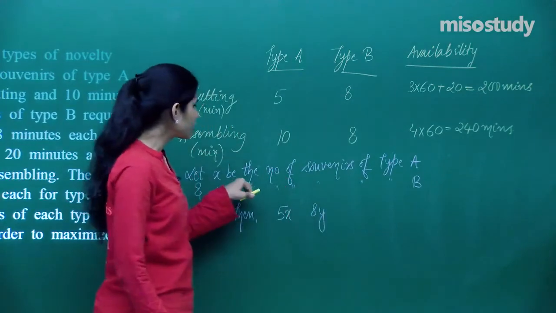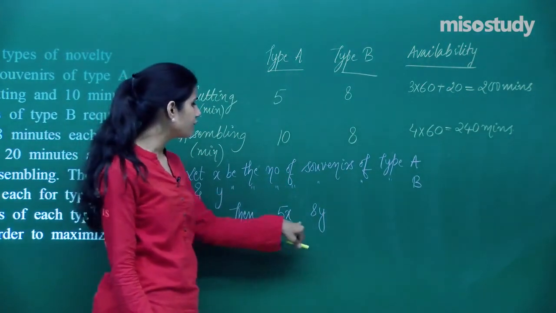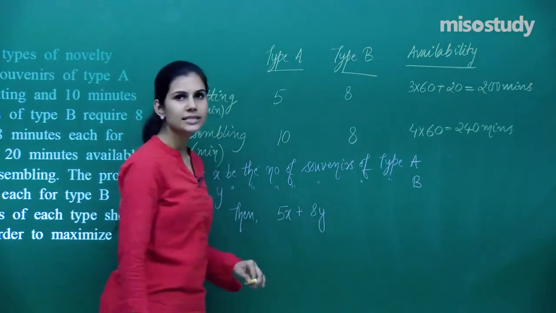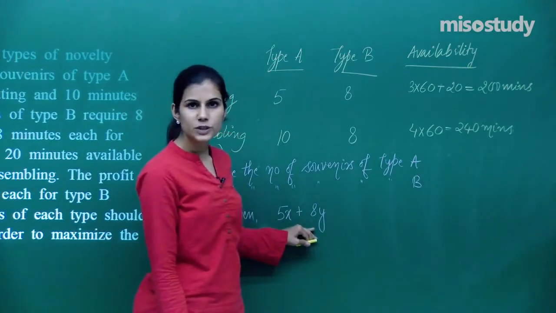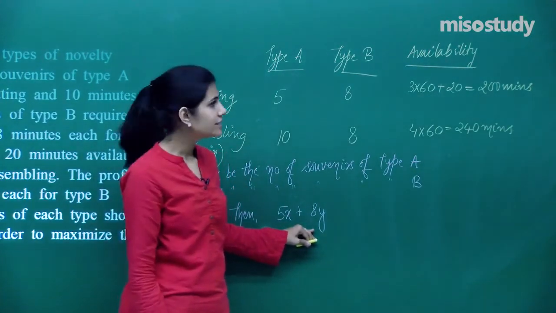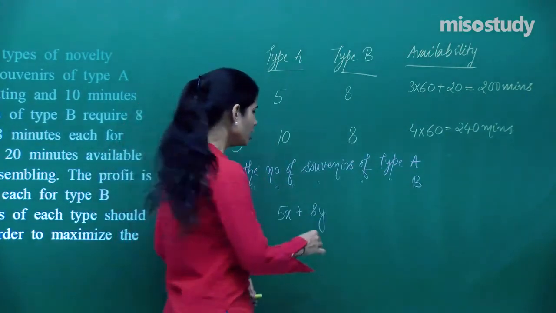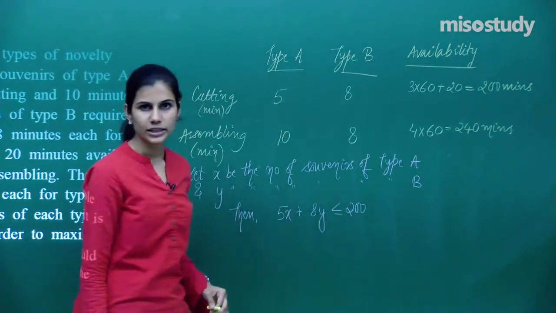That means if I am manufacturing X souvenirs of type A and Y souvenirs of type B, in total I require 5x plus 8y minutes in cutting them. But in total these minutes spent in cutting should not exceed 200 minutes. So this should be less than or equal to 200.